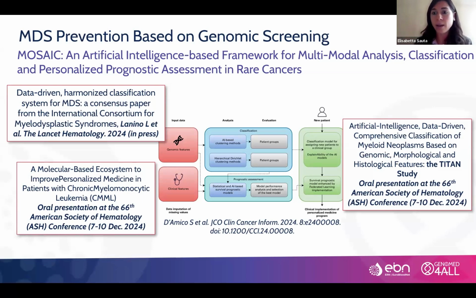And then we also applied this MOSAIC framework in a big study called the TITA study, that collects all data from all myeloid neoplasms, and we also have a specific focus on chronic myelomonocytic leukemia. Actually, the results of these two works will be presented at the American Society of Hematology conference that will be held in San Diego next December. But Saverio will go more in depth regarding this first aim.